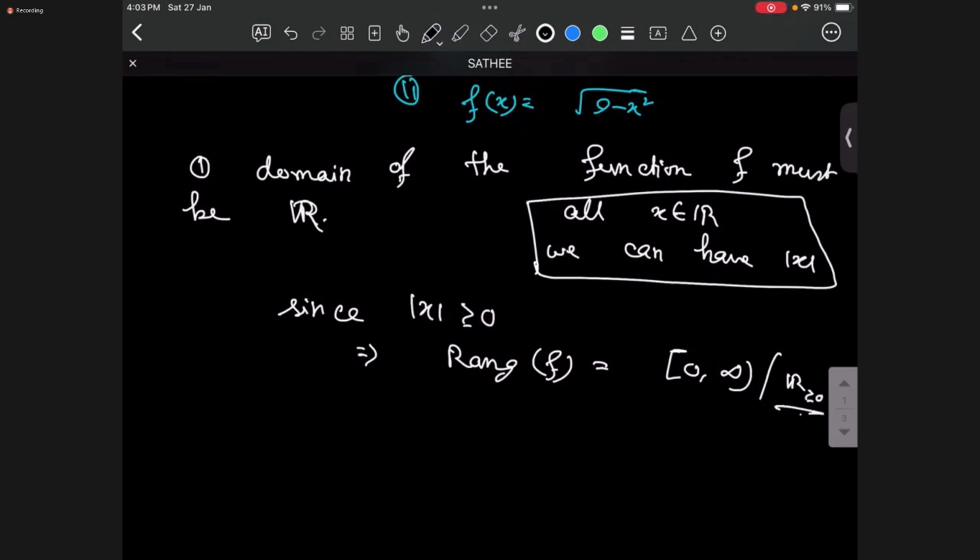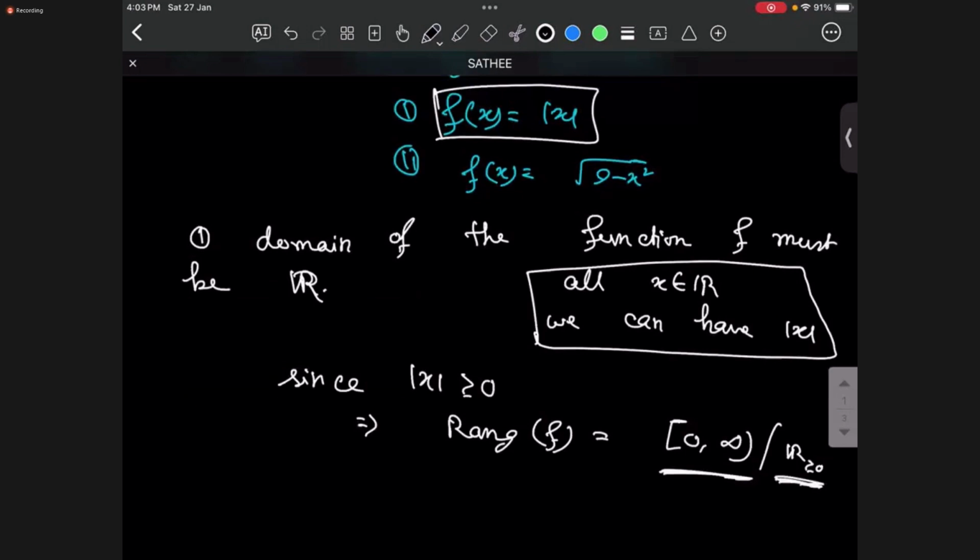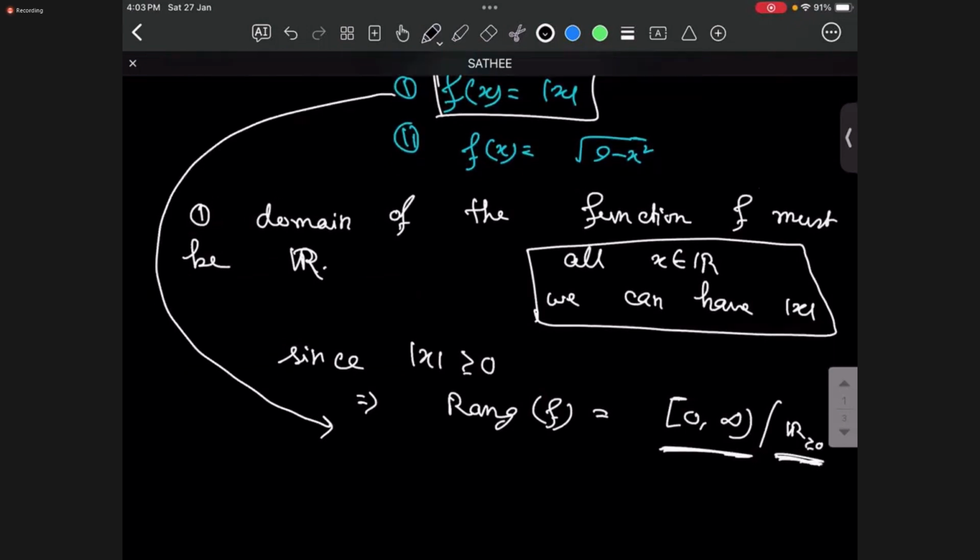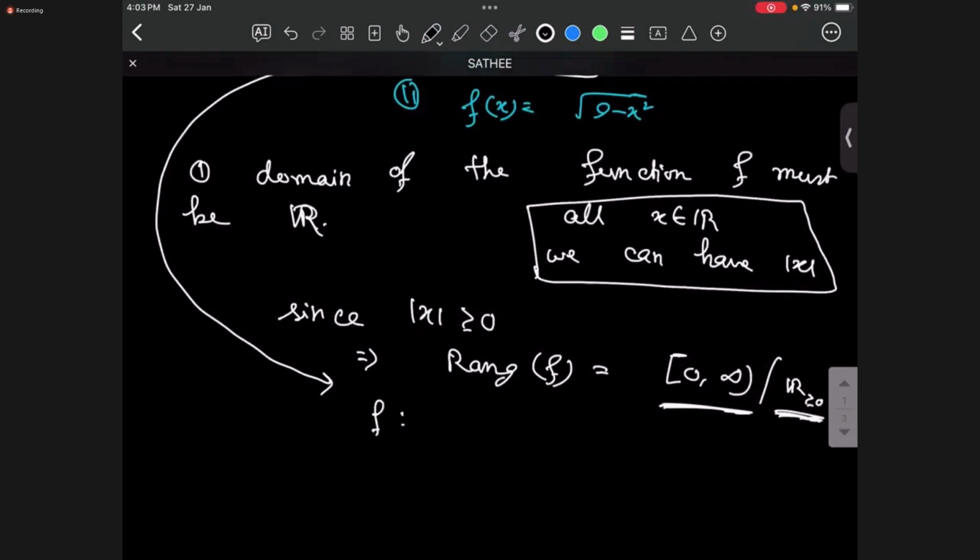These two notations are the same, because both say real numbers which are greater than or equal to 0. So this function is f from R to R greater or equal to 0. Domain is R and range is R greater or equal to 0.